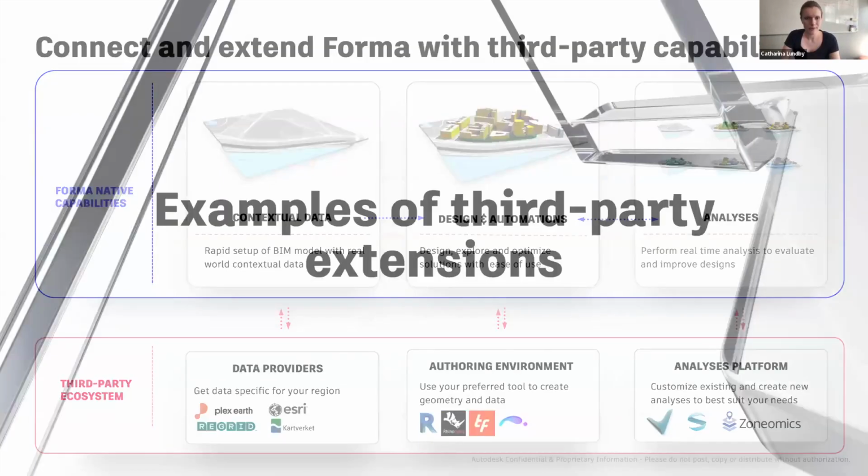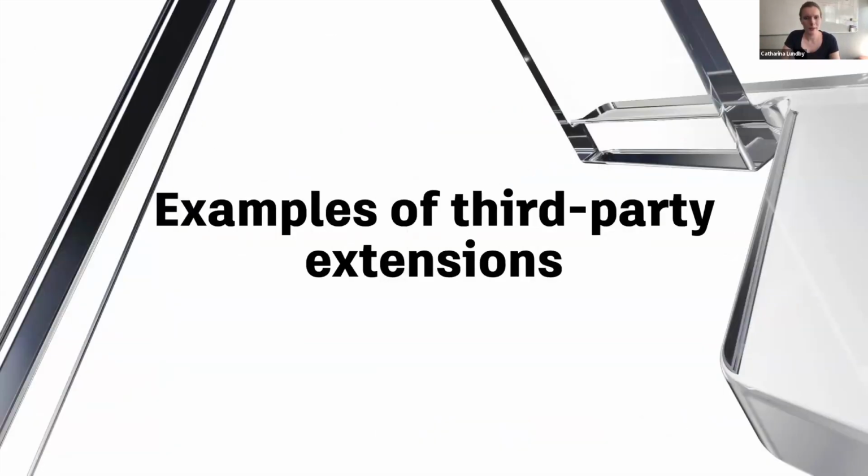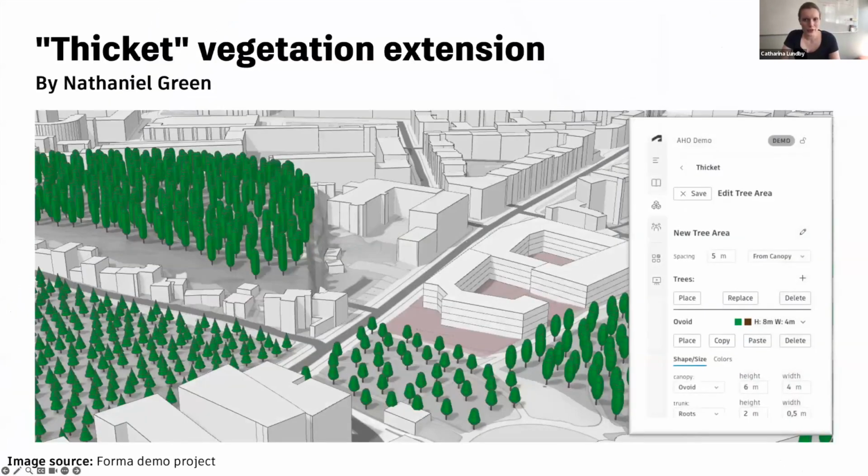So let's share some examples of cool third-party extensions that have been developed. And I'm also going to try to do a little demo of how they work. And the first one that I want to talk about is the Thicket vegetation extension that's been developed by a software engineer and hobbyist called Nathaniel Green.